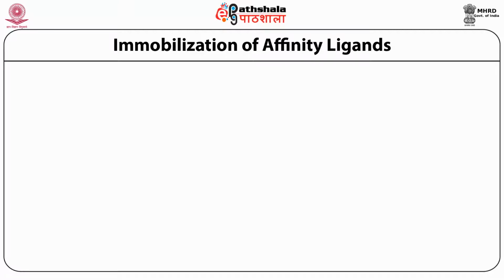When immobilizing a ligand on a solid support matrix, care should be taken to ensure that the immobilized ligand is able to bind to the target molecule easily and actively. Ideally, ligands are immobilized on a matrix in such a way that their binding pockets are fully exposed to bind the target molecule.